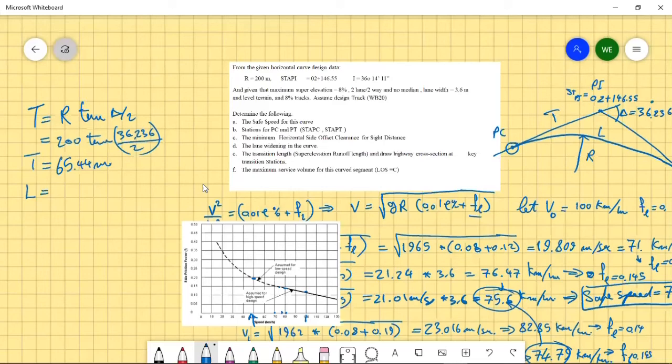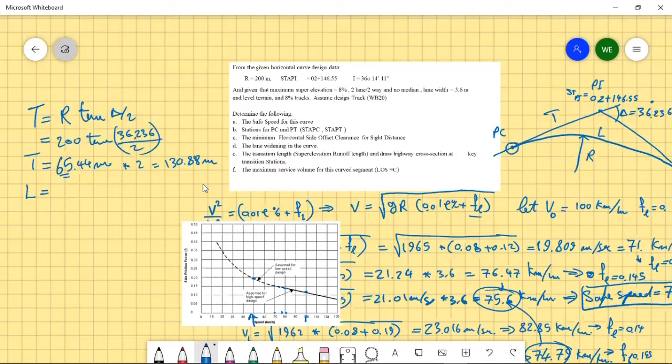It's going to be less than 130. Just from this, multiplied by 2 equals 130.88 meters. So I'm expecting the length to be maybe 125, 122, something in that neighborhood. So let's check and see.